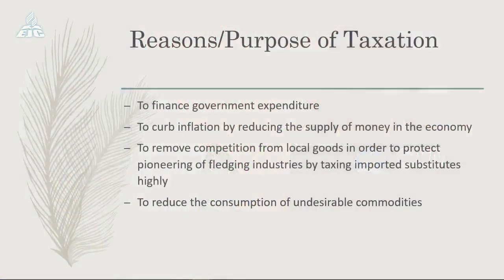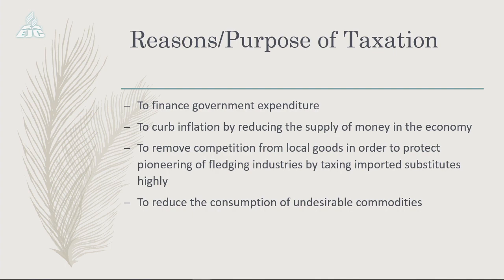Good? So that is why we have taxation. The government will tax the imported produce so we are able to afford the local produce, and that will benefit us also. The other reason for taxation is to reduce the consumption of undesirable commodities.